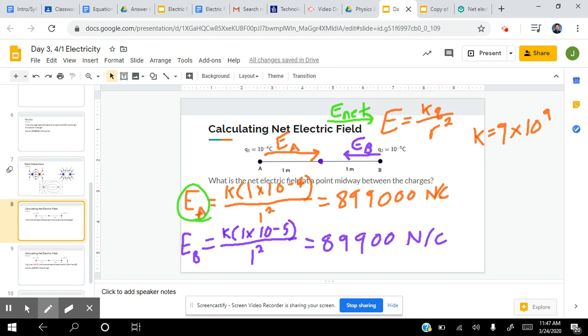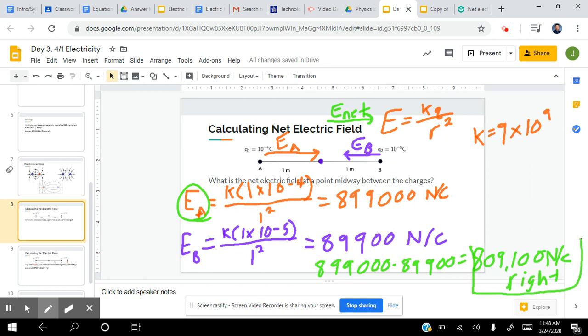In order to figure that out, we're just going to simply take that 899,000 minus 89,900 to give us a grand total of 809,100 newtons per coulomb, and then we would say it's going to the right. Okay, and that would be your final answer right there. I'm wanting a magnitude and a direction.